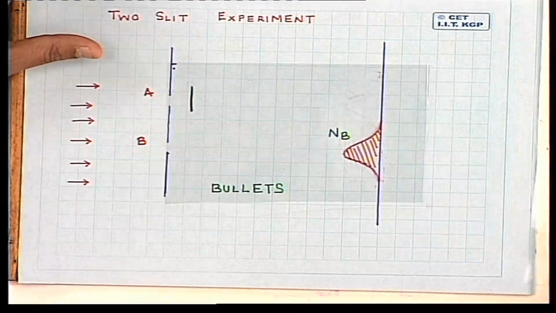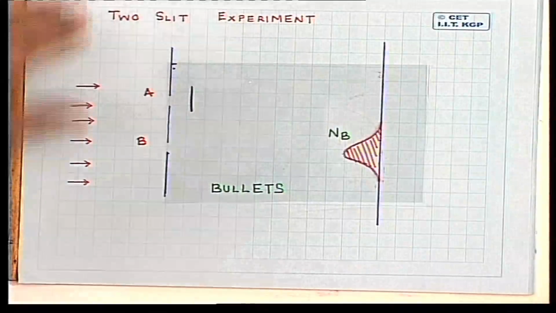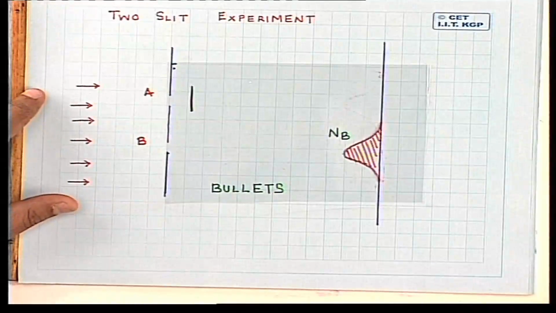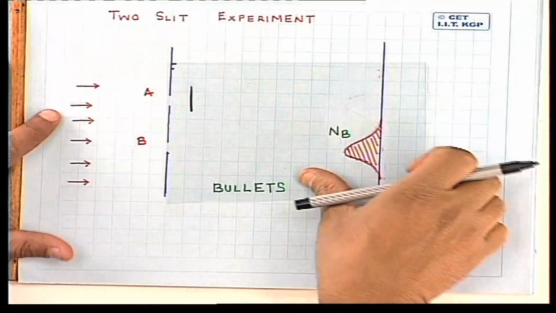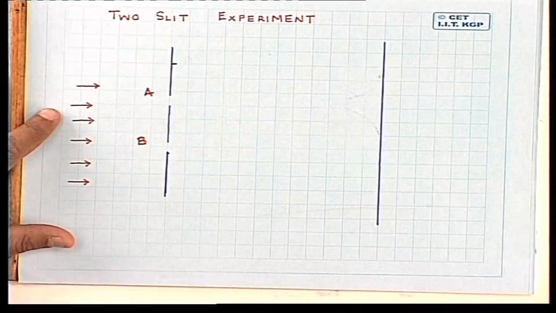So this is what happens when either slit A or slit B is opened, and next we ask the question, what happens when both slit A and slit B are opened?